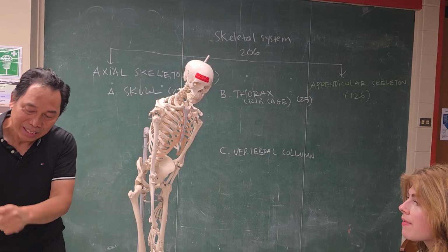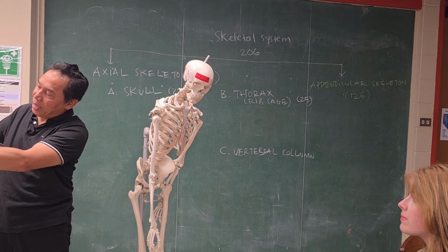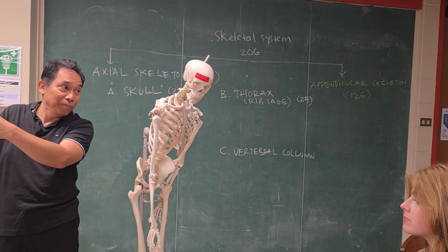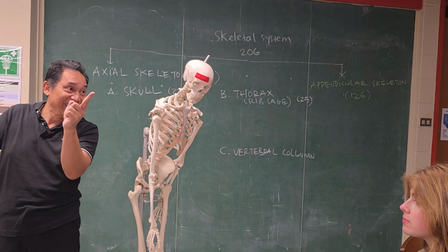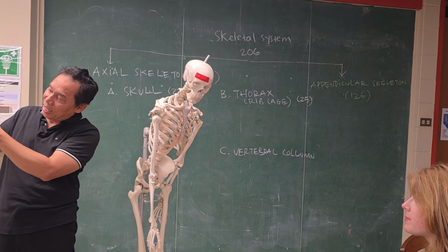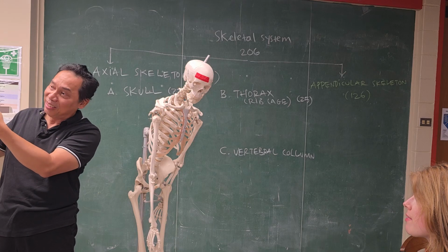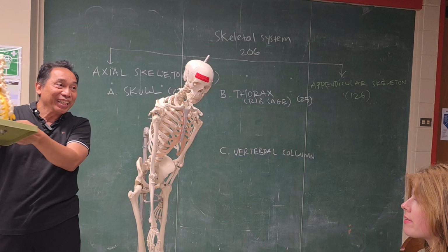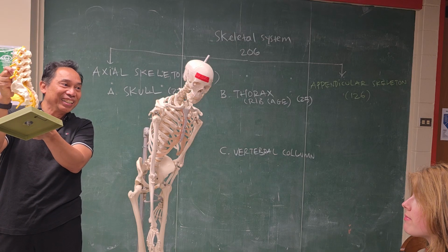This, okay, looks like a triangle over here. It is called the sacrum. 1 sacrum. How many? 25, 24, right? And then, yeah, there are 5 fused together. So, Xavier already learned it. And then there is 1 tail, the coccyx.